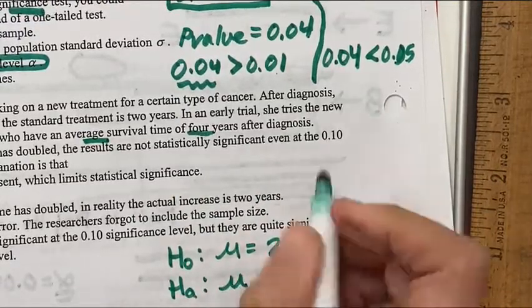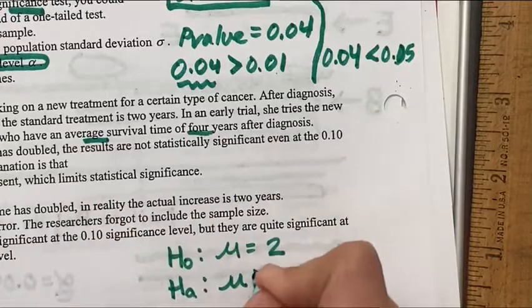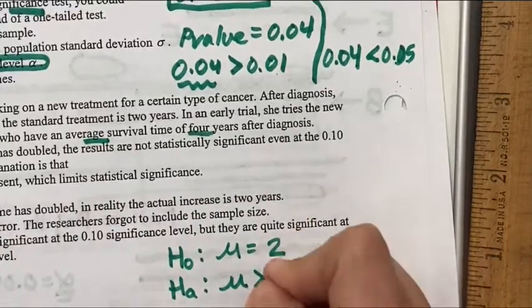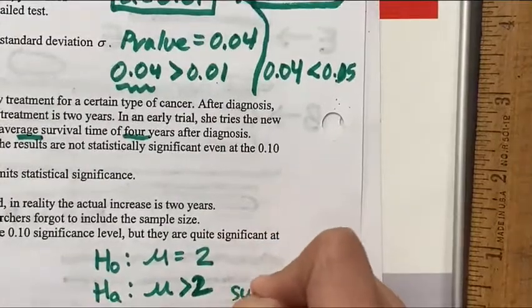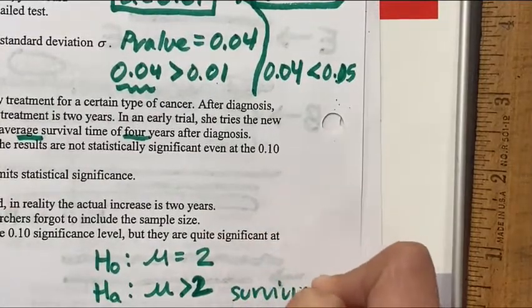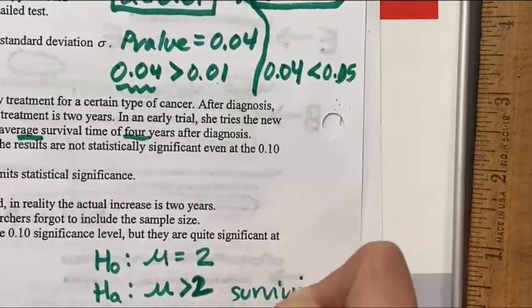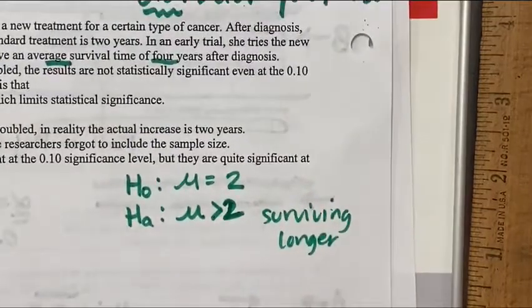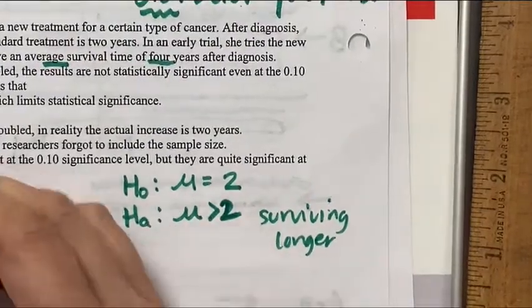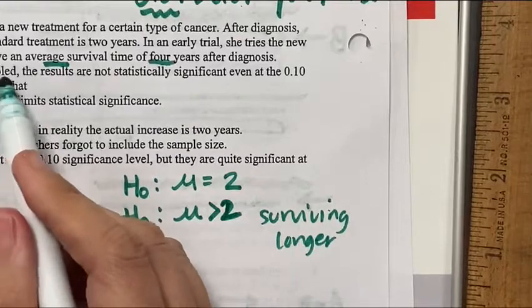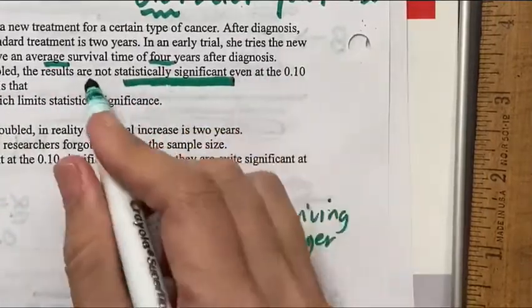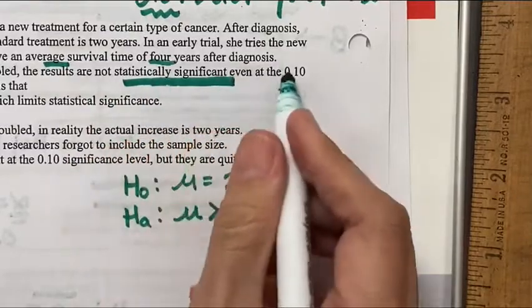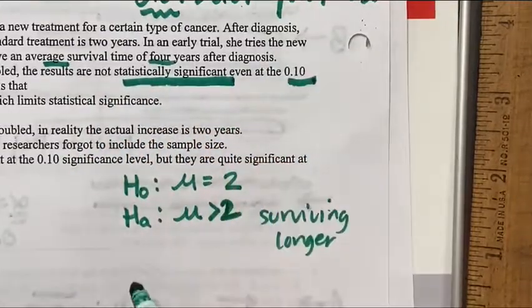I have to say we have a sneaky suspicion that our treatment is better, that our patients are surviving longer. Okay, so what does this mean? After running the survival time, they're saying the survival time doubled, but they're not statistically significant even at the 0.10 level.